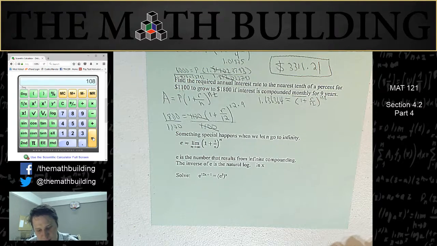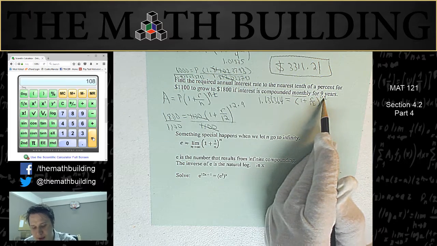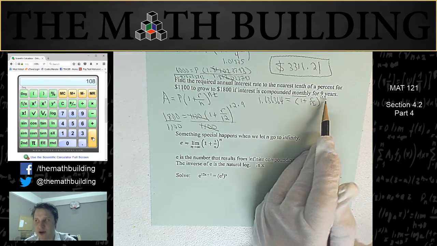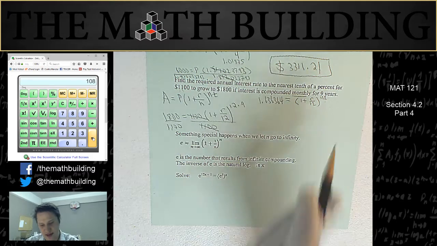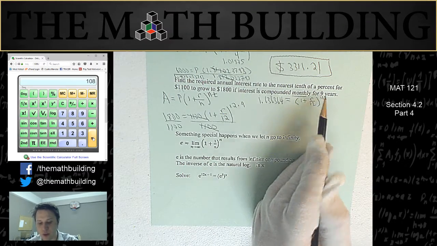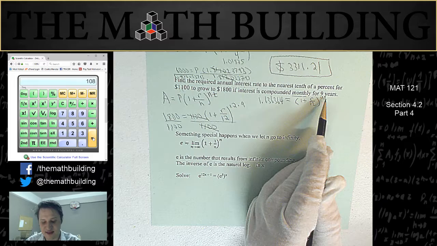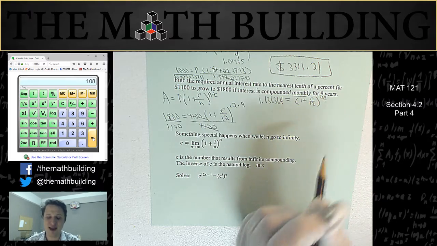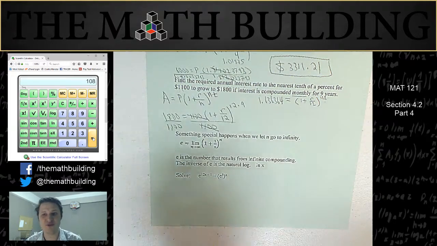All right, so we have 1.636364 equals 1 plus R over 12 to the 108th power. So here's what you have to do now. In order to get this exponent to go away, we need to do the opposite of this exponent, which means taking a root. To get rid of this, if this was a 2, we would take the square root of both sides. Since it's a 108th, we take the 108th root of both sides.